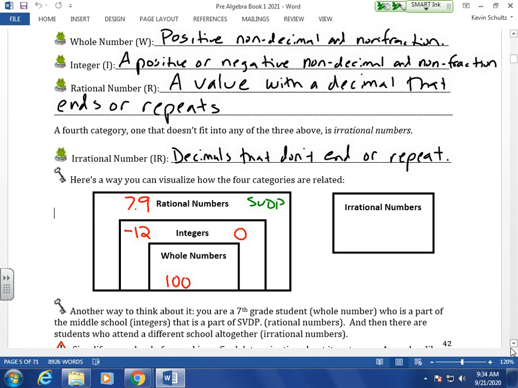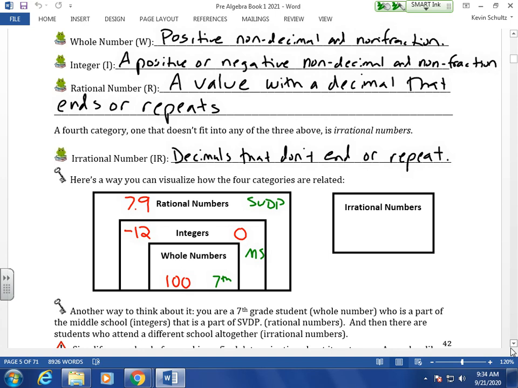No, so you have 8th grade also, right? So that would kind of be the integer section. And then you folks in 7th grade, you would be the whole number section, right? You are a part of the middle school, which is also a part of St. Vincent de Paul. However, not everyone at St. Vincent de Paul is part of the middle school or part of 7th grade, right? That's kind of the relationship that we have here, okay?